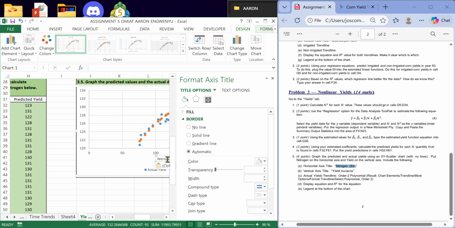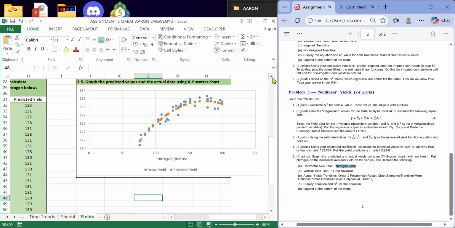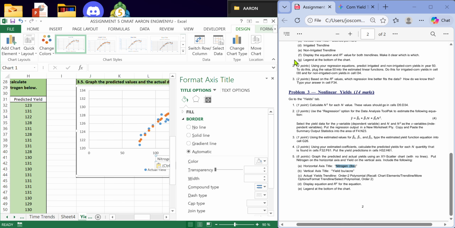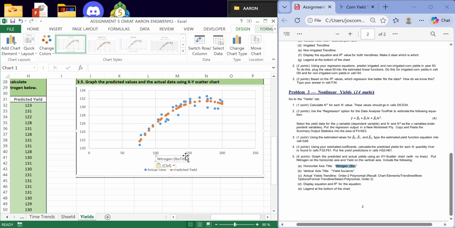Control V. There we go. Done. Don't need this for now. It is it. Well typed. ABS.